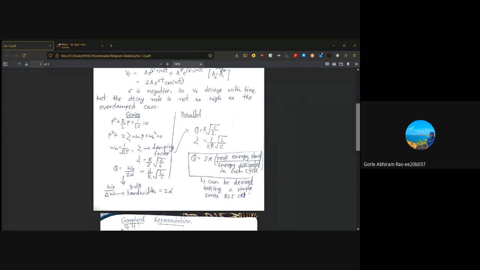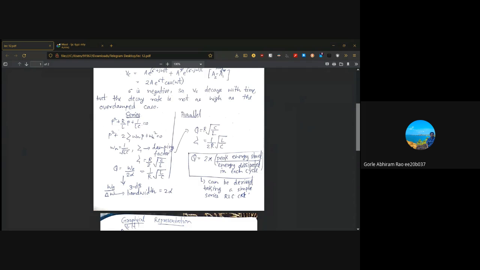Also, based on this damping factor, you can try calculating what is known as the quality factor for our circuit. It is defined as the peak or the maximum frequency divided by the 3 dB bandwidth.